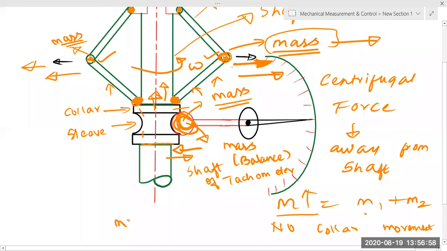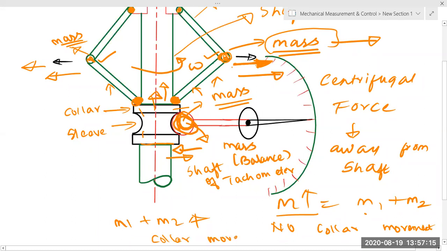But if m1 plus m2 is higher, what will happen? Automatically the collar will move in some direction.